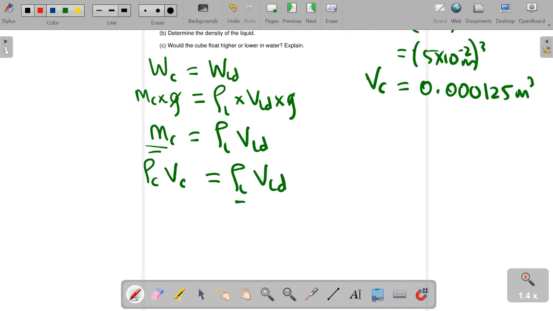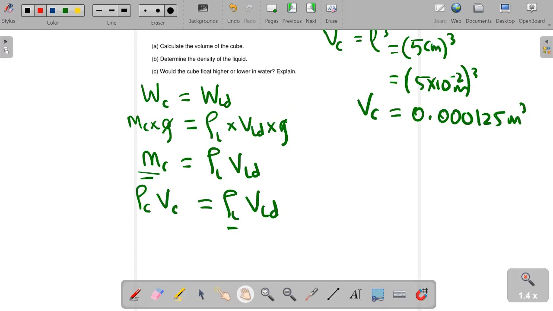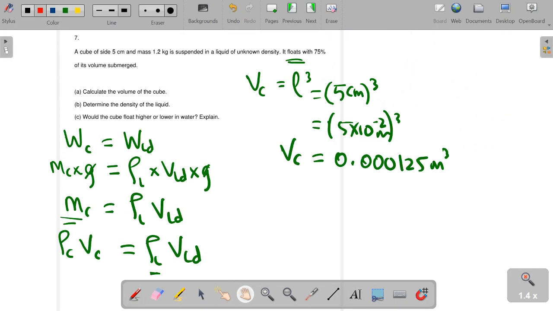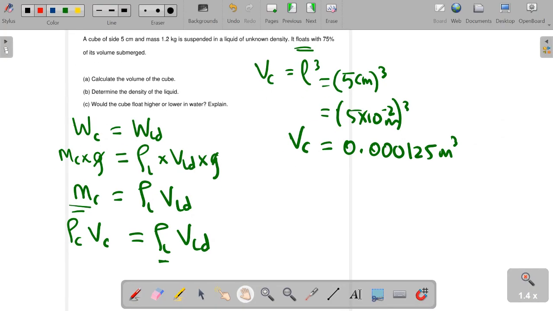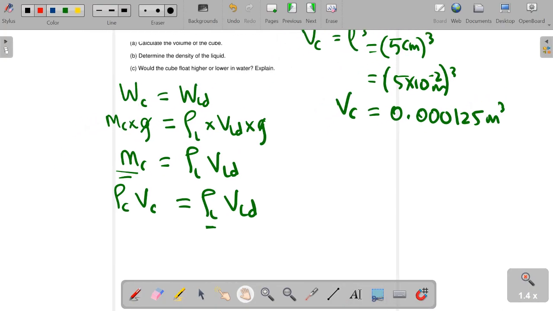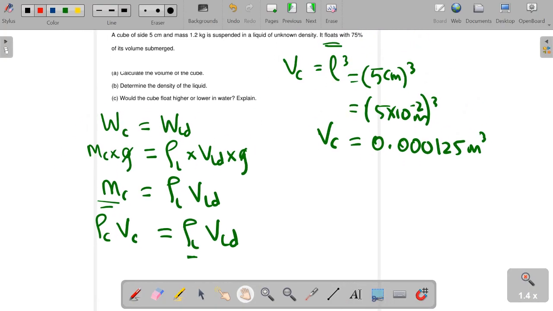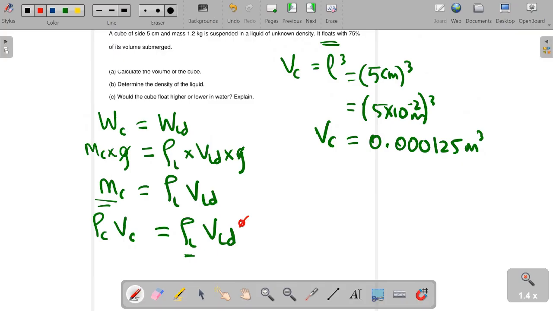Now, to actually get there, we need to remember that 75% of its volume is what? Submerged. So we know the volume of the cube, and it means the volume of the liquid displaced. Remember, the volume of liquid displaced is equal to the volume of the cube submerged.